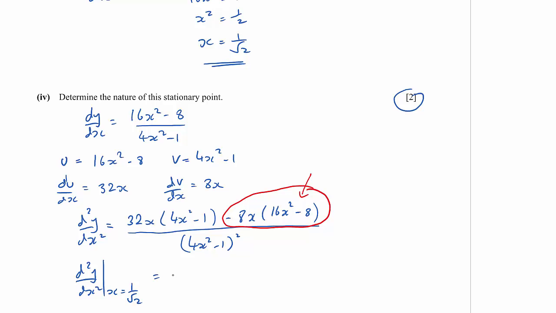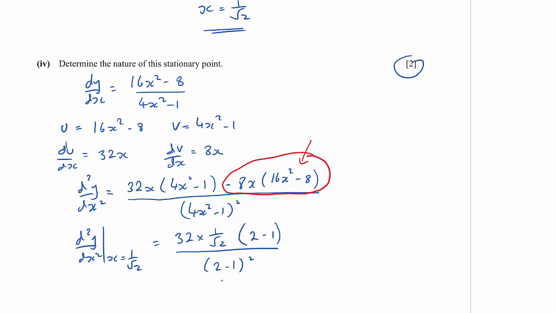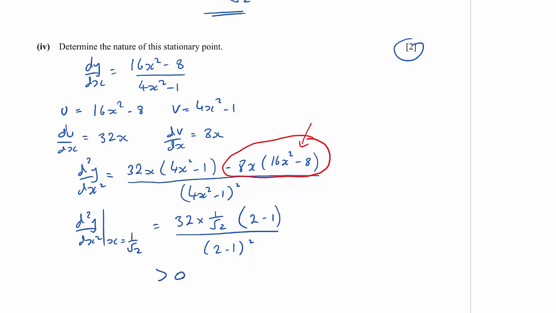So we've got 32 times 1 over root 2, into, so x squared is going to be a half, so that's going to be 2 take away 1, over (2 take away 1) squared. And we can see straight away, we don't need to work this out, we can see that that's positive, and that implies that we have a local minimum. Minimum.